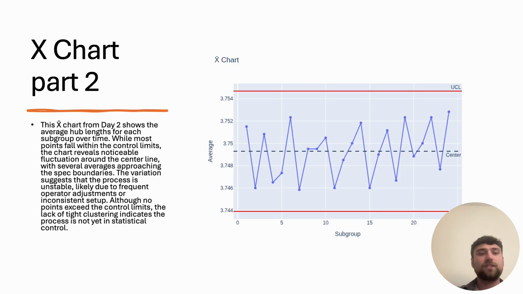The variation suggests that the process is unstable, likely due to frequent operator adjustments or inconsistent setup. Although no points exceed the control limit, the lack of tight clustering indicates the process is not yet in statistical control.